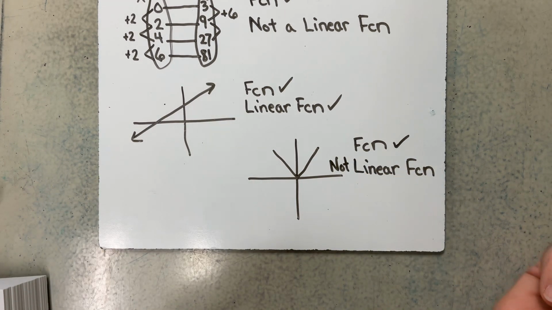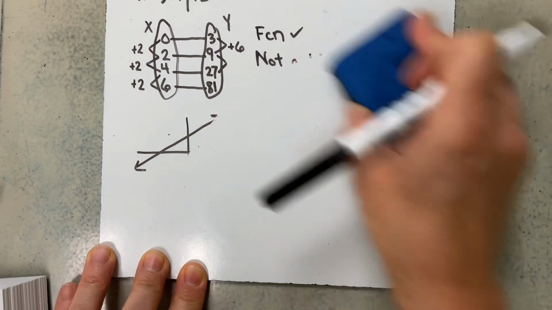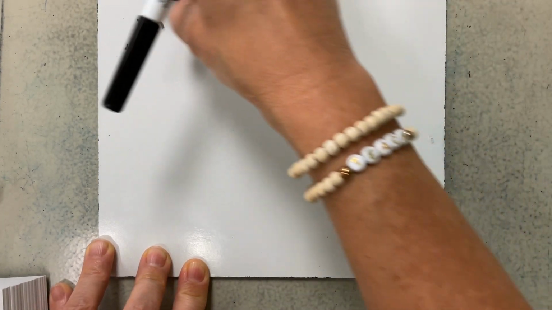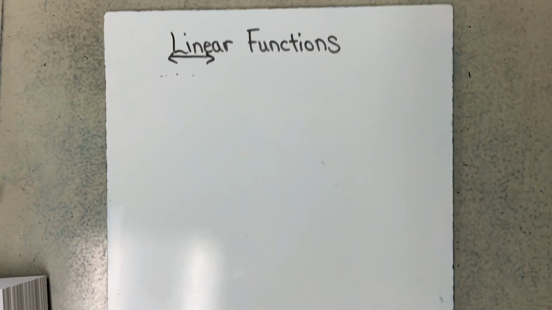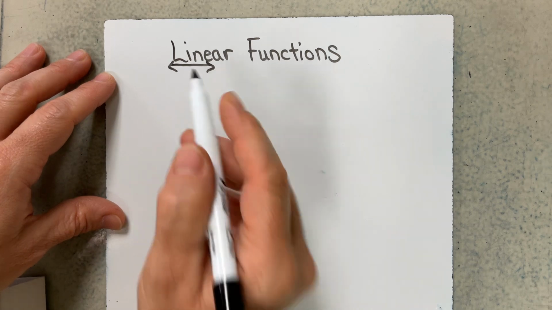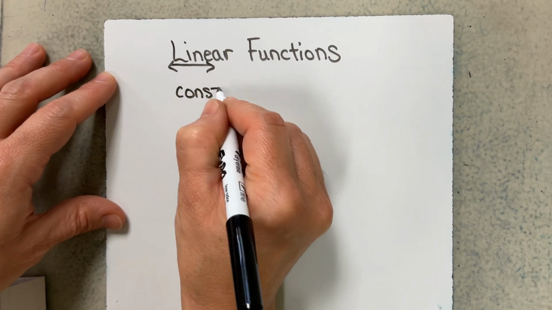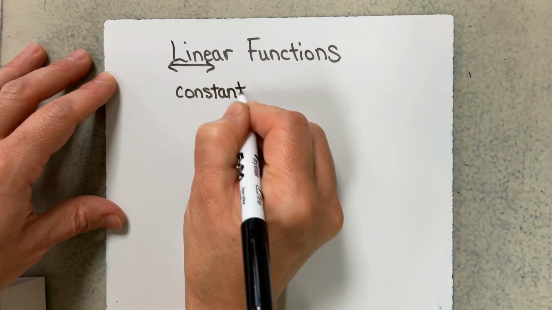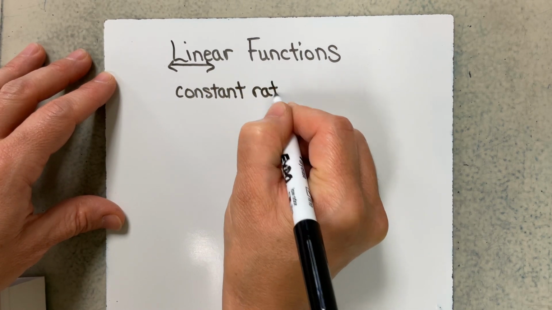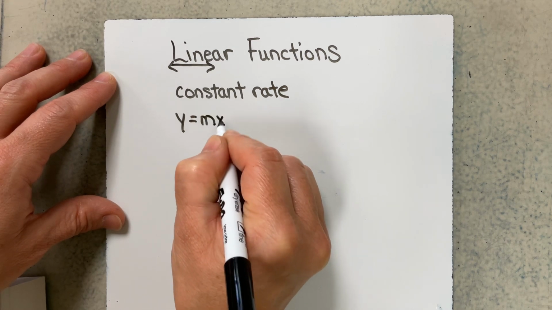Okay. Now, the one other thing that you need to check for with linear functions is when it's an equation. So for a linear function, we are looking for a line. We're looking for a constant rate, or we're looking for y equals mx plus b.